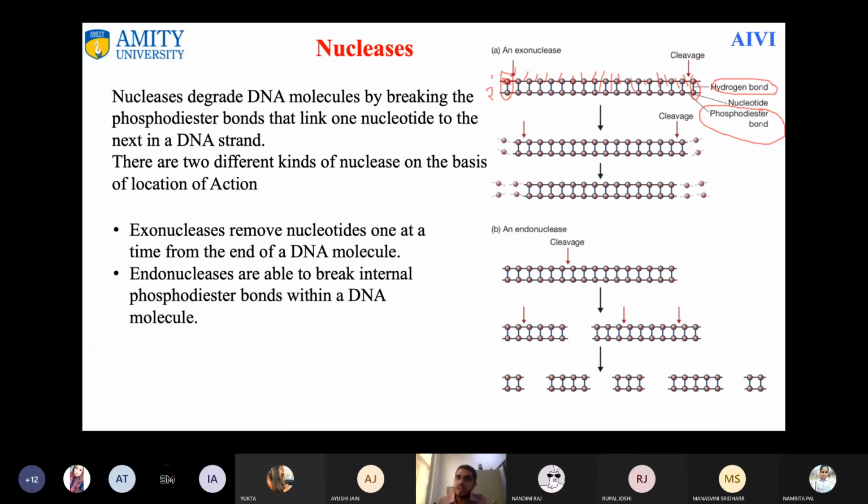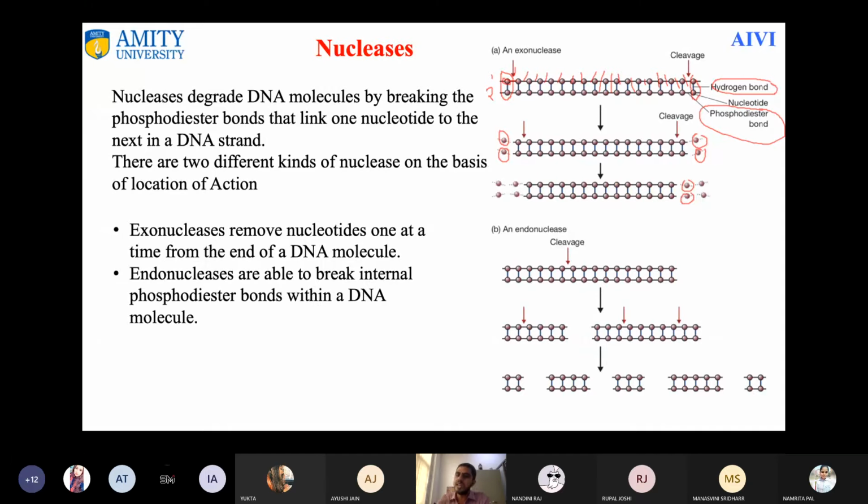So what is going to occur? If it produces a cut at the end, then individual nucleotides are released. If it cuts here, these nucleotides will come out, so two nucleotides are going to be out. After one cut, a new end is generated, and it again produces a cut.